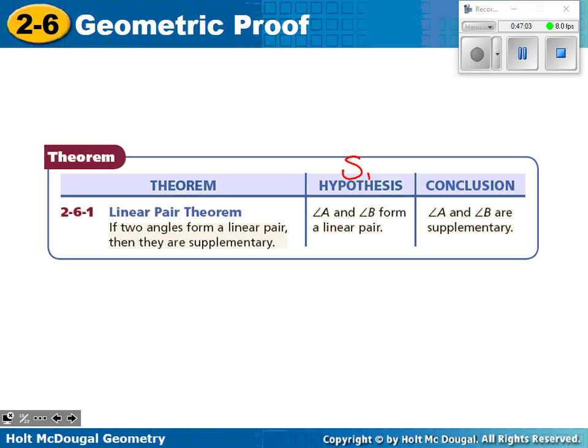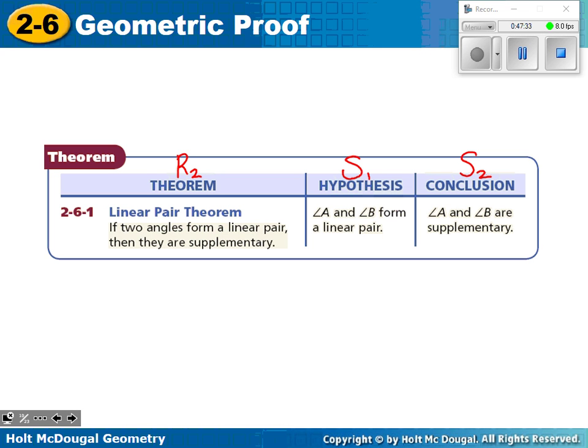So if in your proof somewhere it says angle A and angle B form a linear pair, then what you can conclude next, so your next statement could be angle A and angle B are supplementary. And the reason that you would put for that statement, reason 2, would be linear pair theorem.